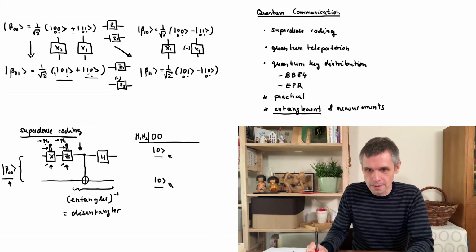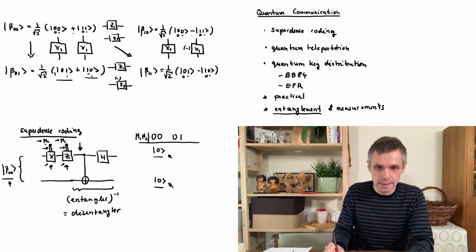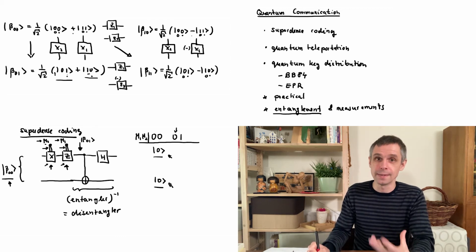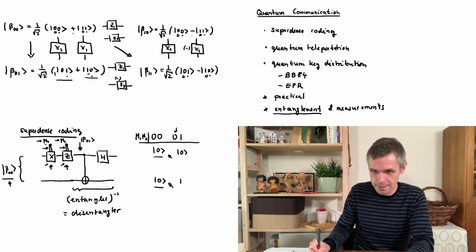Now if M1 is 0 but M2 is 1, then we can look at our examples above and we see that at this place we end up in the state beta naught 1. So this is for this specific example here, and now disentangling the state we will obtain the following result.